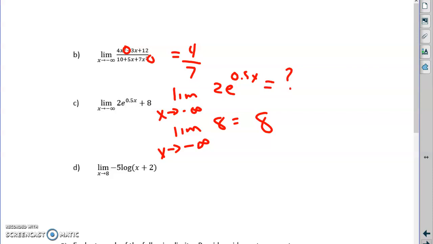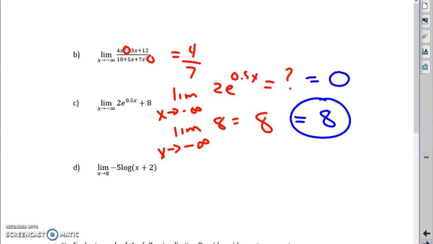As x gets bigger and bigger, e to a bigger and bigger number as x goes to negative infinity approaches 0. 2 times 0 is 0. So what do we have? We have 0 plus 8. So the whole limit is just 8.